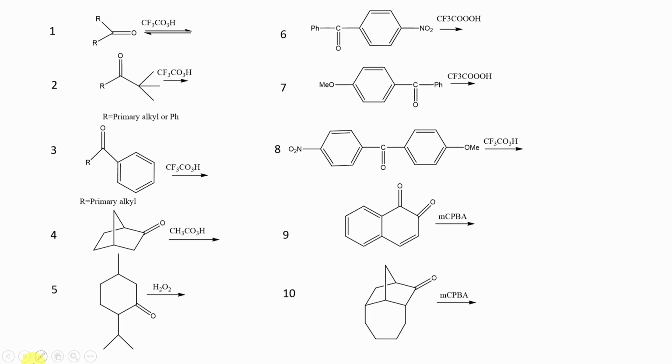You know, the treatment of a ketone, both aromatic or aliphatic, with a peracid such as peracetic acid or perbenzoic acid or metachloroperbenzoic acid gives a carboxylic ester by insertion of oxygen.